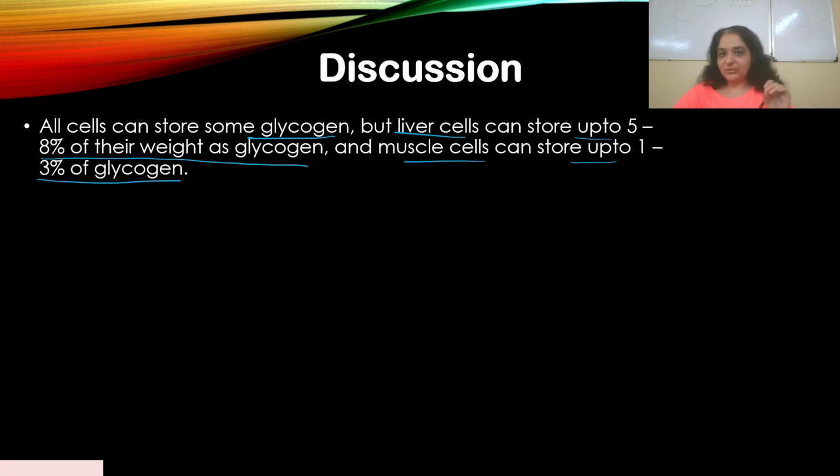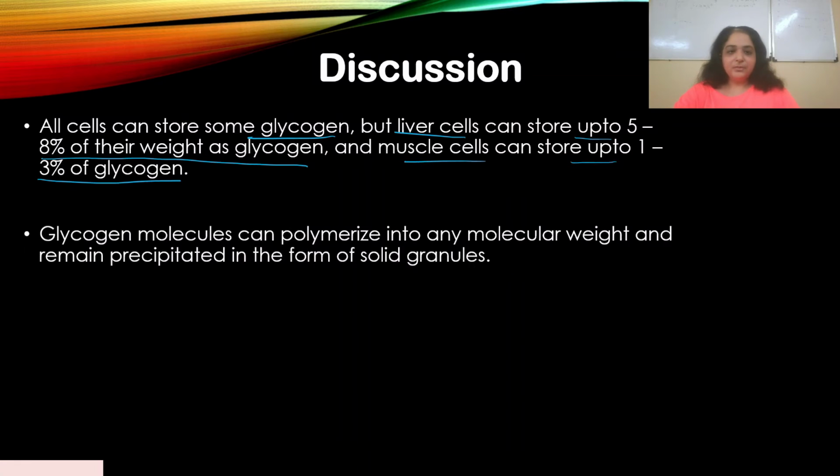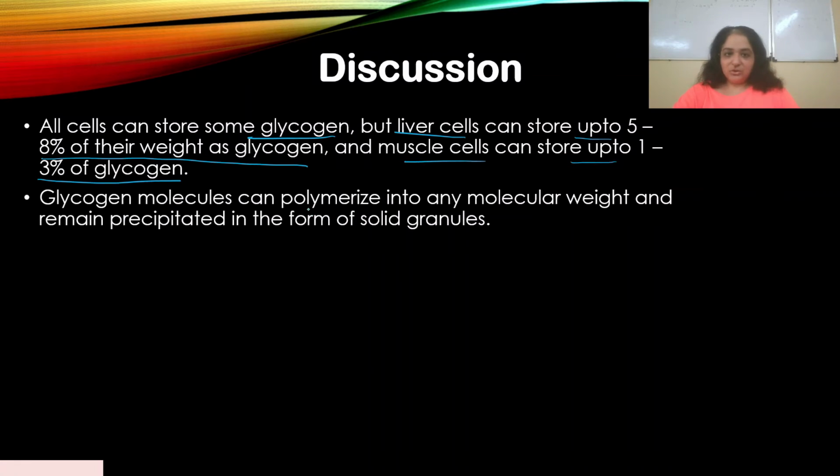There is always some glycogen present there, but liver cells and muscle cells tend to store a large amount of glycogen. This is just an extra piece of information regarding the percentages. Glycogen molecules can polymerize into any molecular weight, and they remain precipitated in the form of solid granules.